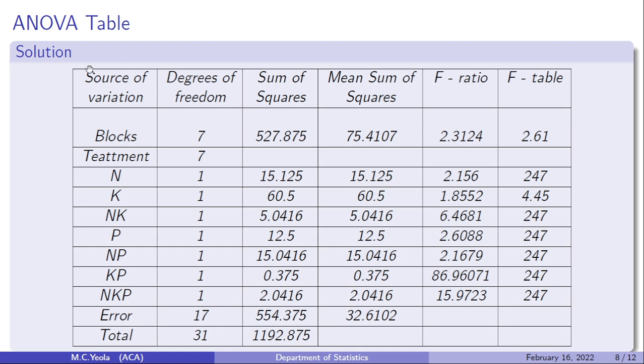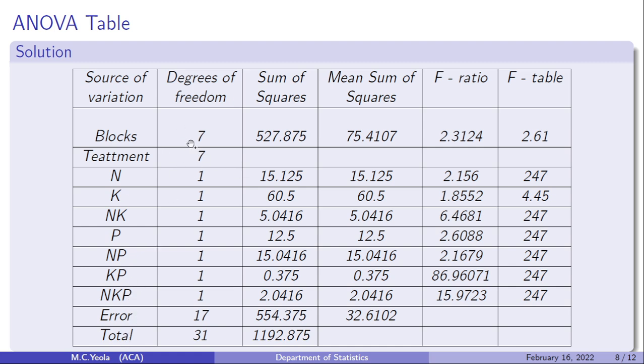In the ANOVA table, we have the sources of variation: blocks and treatments, that is N, K, NK, P, NP, KP, and NKP, then error and total.